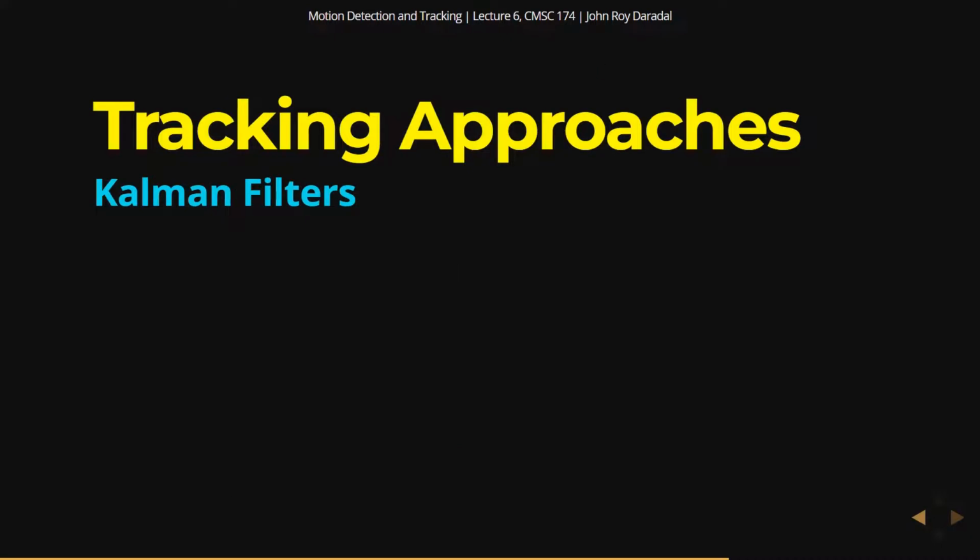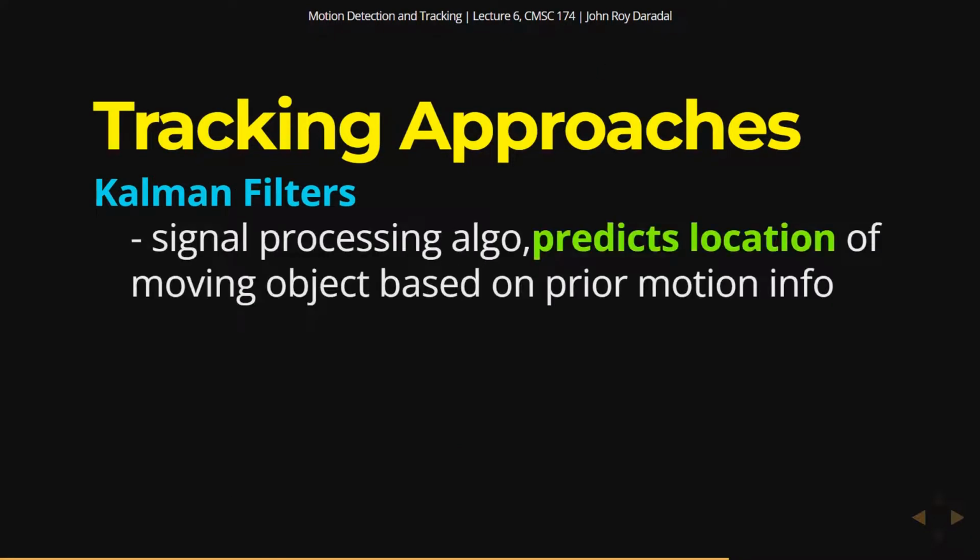Finally, we also need to mention Kalman filters. A Kalman filter is a signal processing algorithm which tries to predict the location of moving objects based on prior motion information. Basically, what we mentioned earlier, that we can predict the next location of a moving object based on the trajectory.